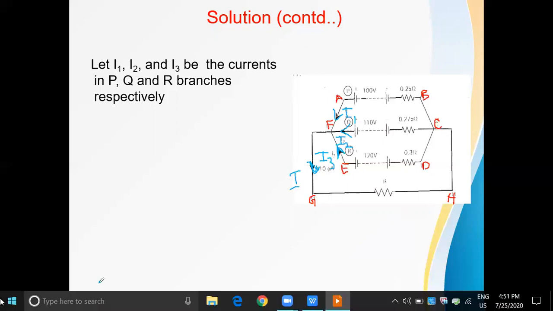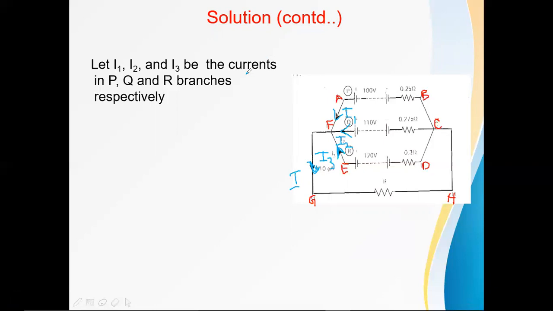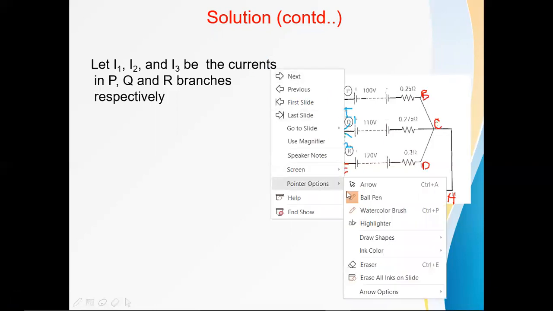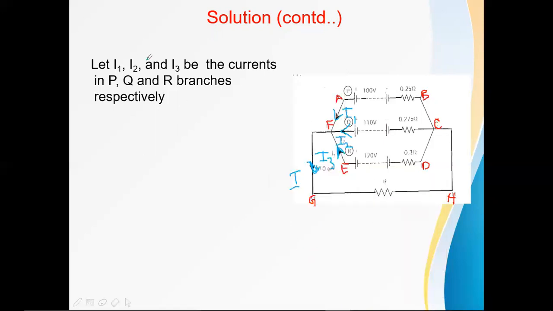I1, I2, I3. Now, let I1, I2 and I3 be the currents in the P, Q and R branches respectively.